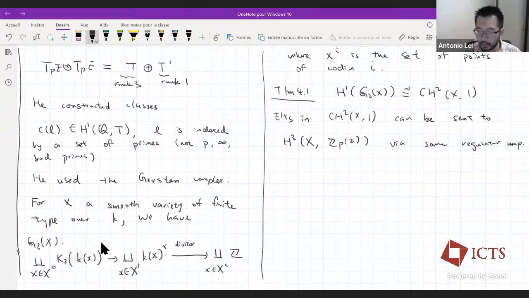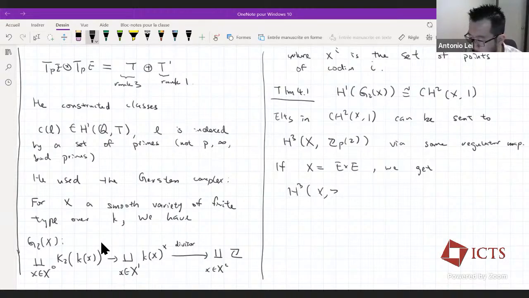Okay, so it's a bit similar to what we have seen in the construction for the Beilinson-Kato element, right? Once you have something in Hida cohomology, then you can go to Galois cohomology. So indeed, what Flach considered was when X is the product of your elliptic curve with itself, then we get a map going from this Hida cohomology to the Galois cohomology of this.